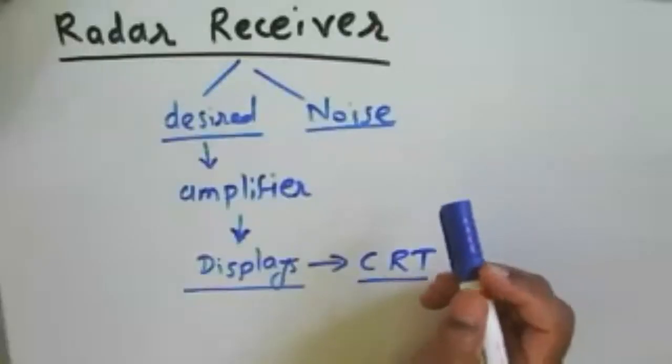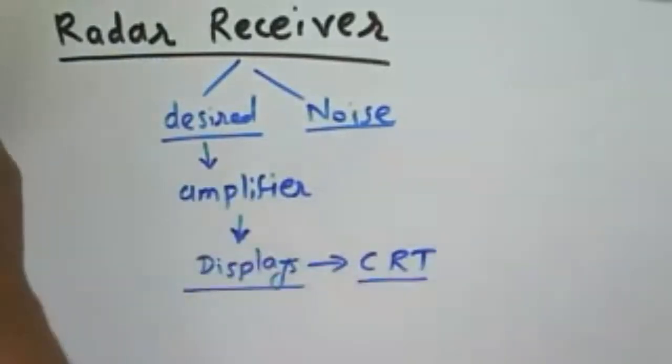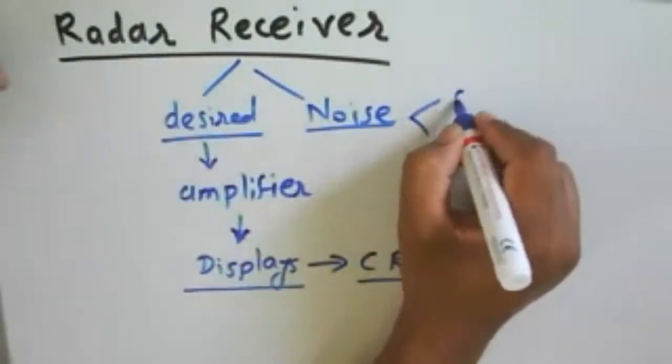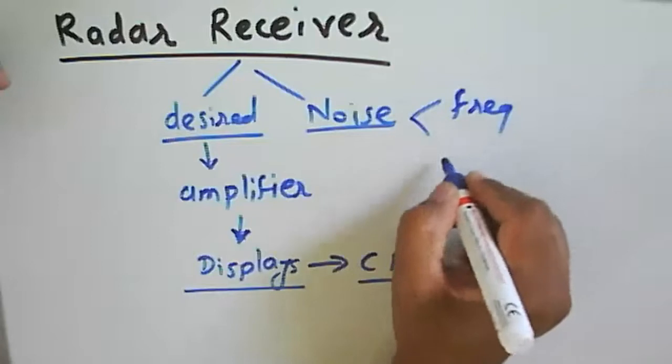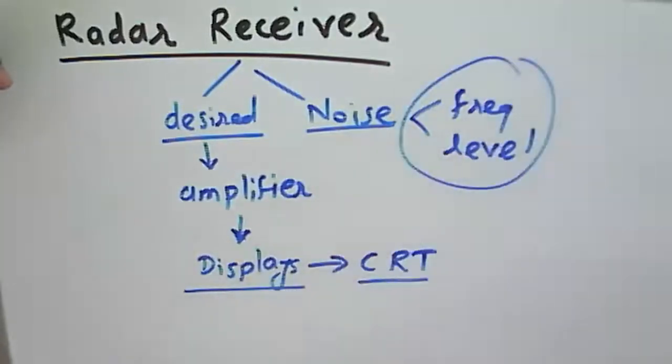The designer has to consider what the frequency for the signal will be, as well as what the threshold level will be. Here one part is the unwanted signal, and this one is the desired signal.